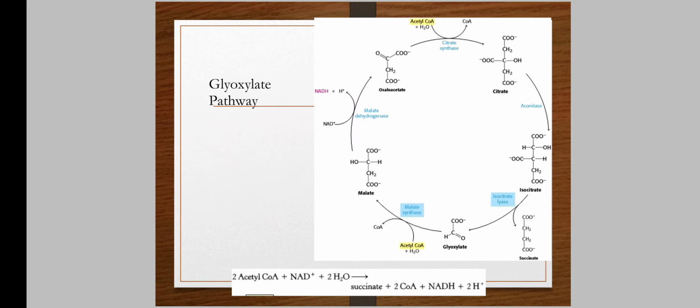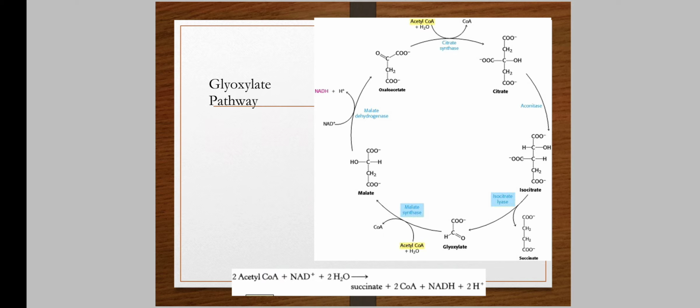Now, the other one is the glyoxylate pathway. Glyoxylate is just like your citric acid cycle, but it's a bit different. Although you will see commonalities here, you start with acetyl-CoA, and you have oxaloacetate as the receiver to form the citrate. But unlike your pathway, this one produces succinate, acetyl-CoA, NADH, and 2 hydrogen molecules.